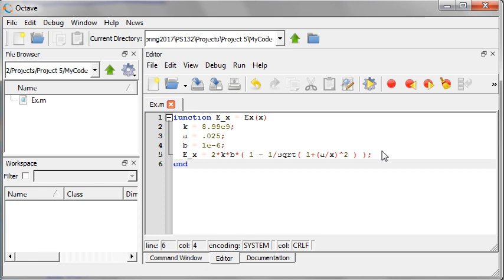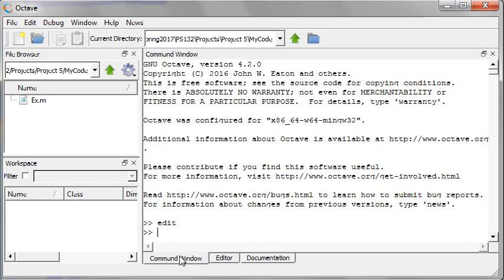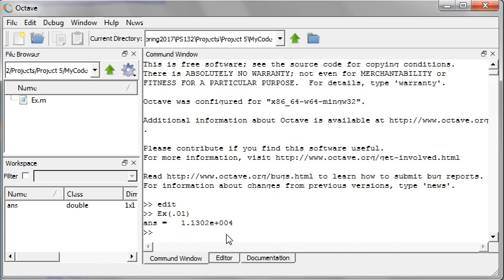I'm going to try Control S, go to the command window, and run it for some x, ex 0.01 for instance. I gotta plot it from minus 0.025 to 0.025, so this is in that range.